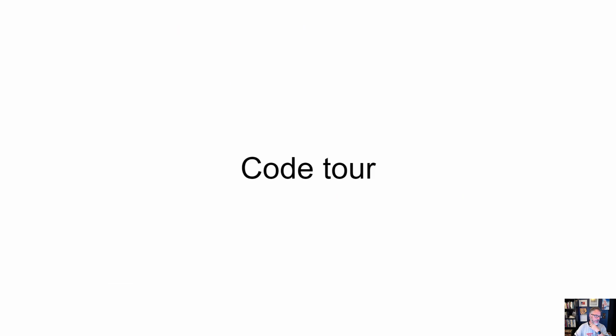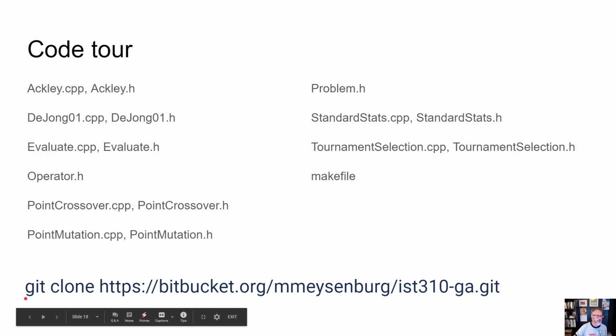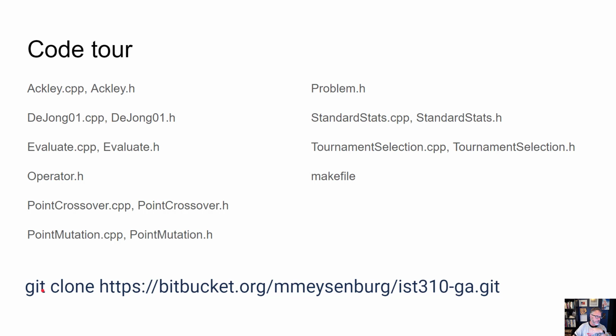Our next thing will be to take a look at a code tour. We'll talk about the files here and their relationships, and then actually dig into the code next. If you go to Git and execute this command from your command line, you will pull down the genetic algorithm code, the uniprocessor version.